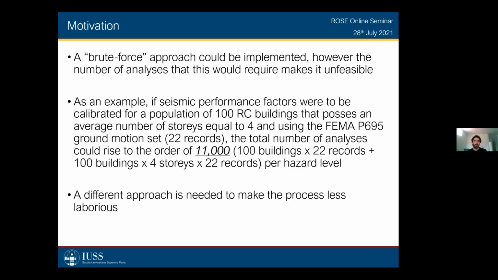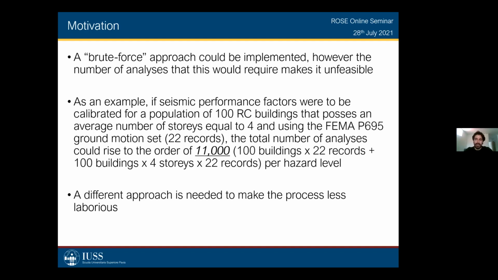If you want, for example, to assess 3 different limit states, then we're talking about 33,000 analyses more or less, because first of all we have to do the 100 buildings times the 22 records time histories. And then after that, take the output from this analysis and use it as the new input for a new set of analyses of the non-structural elements, with the 100 buildings times 4 stories times the 22 records.